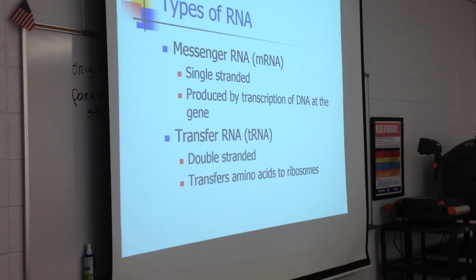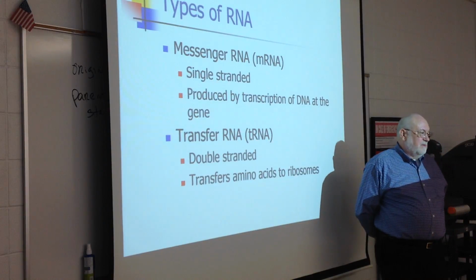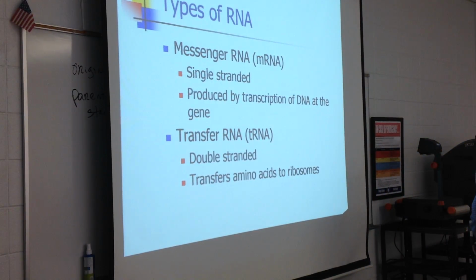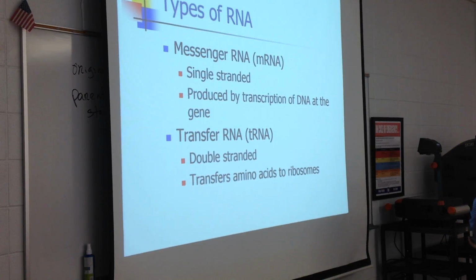Now, what about that? Well, just as the name implies, it's going to shuttle something around. What it's shuttling around are amino acids. Now, there are 20 different amino acids, and there are going to be a number of different transfer RNAs that are specific for any given amino acid.